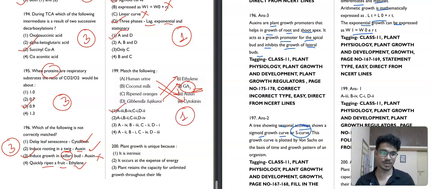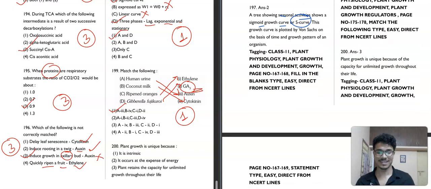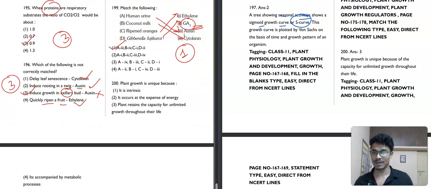Then question number 200 is the last question of this test. Plant growth is unique because it is intrinsic, it occurs at the expense of energy. Plant retains the capacity for unlimited growth throughout life. It is accompanied by metabolic process. Why is it unique? Is it intrinsic? It is for intrinsic, it is at the expense of energy. Obviously every growth will be at some expense of energy, both in human and plant. But plants have a special thing, we can't grow for a longer time.